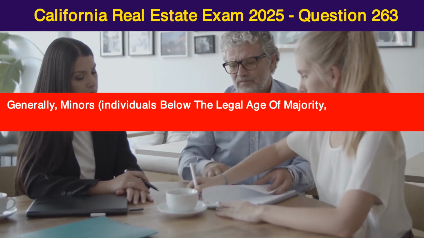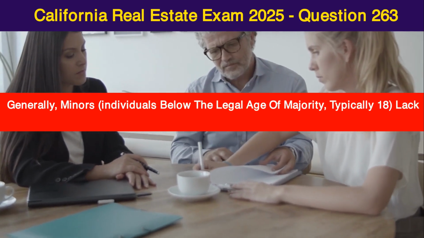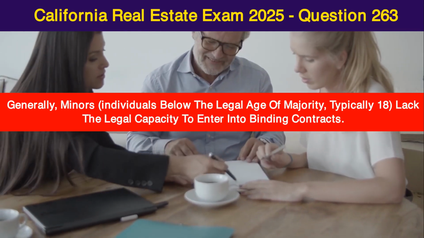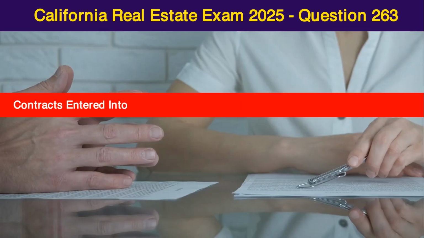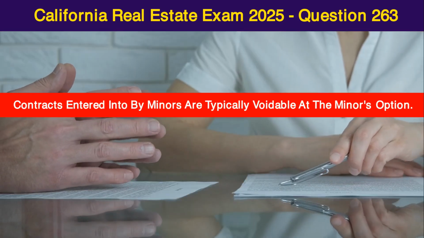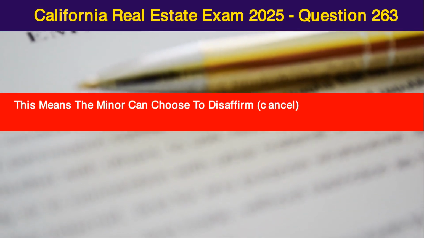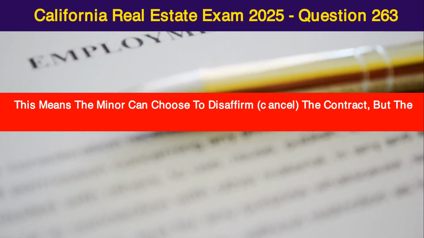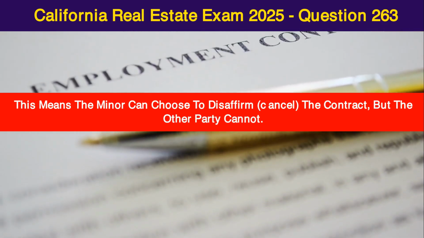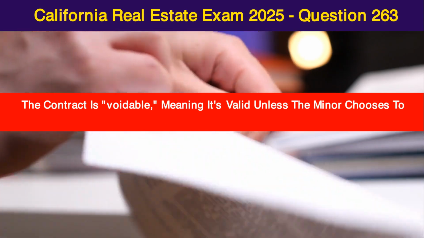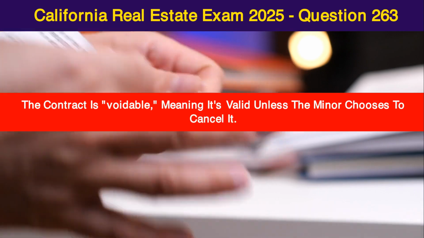Generally, minors, individuals below the legal age of majority, typically 18, lack the legal capacity to enter into binding contracts. Contracts entered into by minors are typically voidable at the minor's option. This means the minor can choose to disaffirm, or cancel, the contract, but the other party cannot. The contract is voidable, meaning it's valid unless the minor chooses to cancel it.